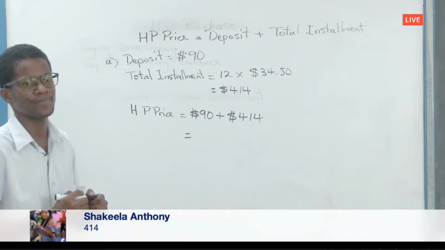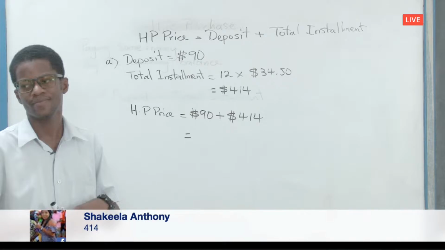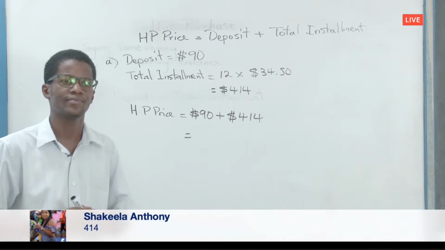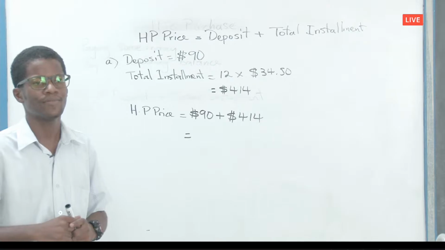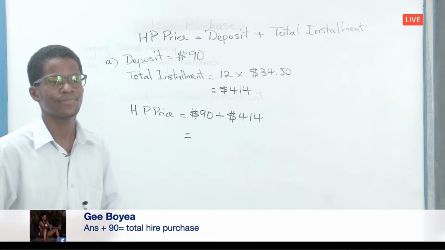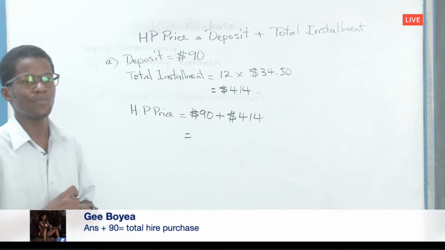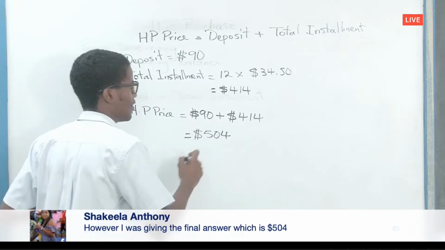And what will that be? Yes. So, Miss Bowie, it's our answer that we just got for our total installment, plus the 90 will give us our total hire purchase price. So what will be our dollars?